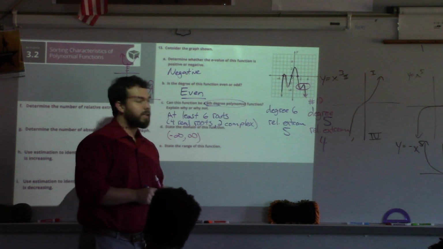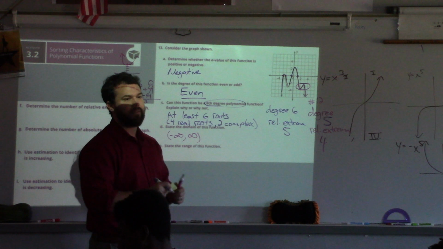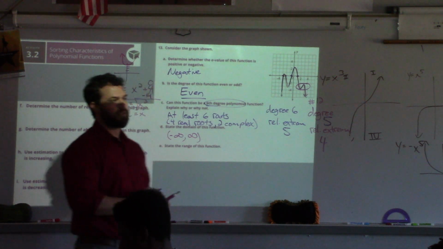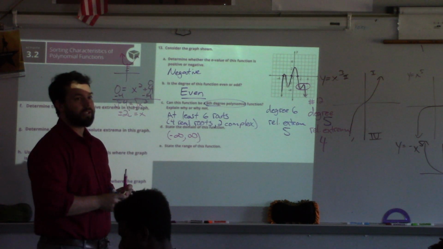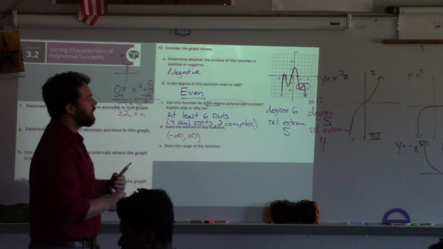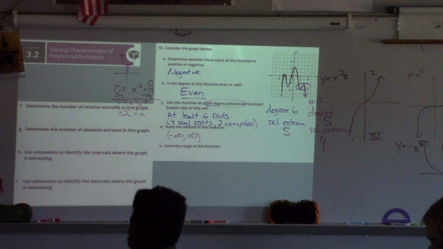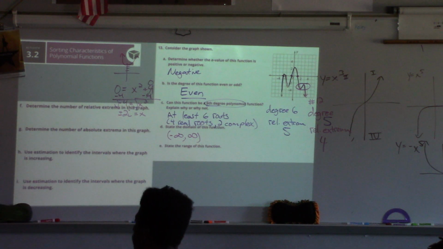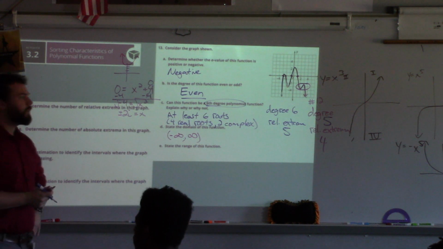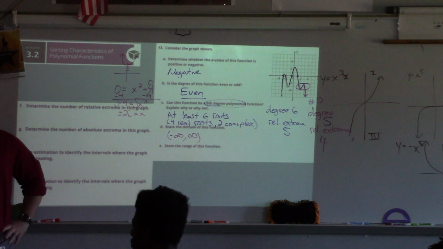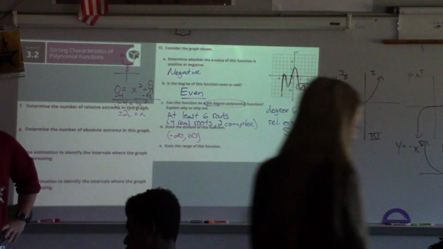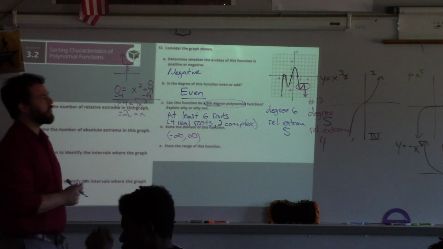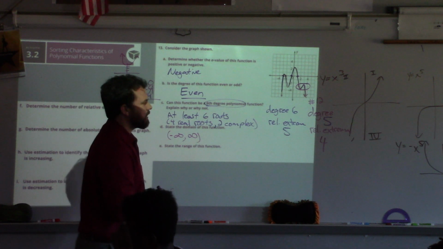Now, it's not guaranteed to be 1 less, but you can have up to 1 less, and that's one of the difficult parts. But the relative extrema, the fact that I have 5, gives me a strong indication that the degree is probably 6. Why is it 1 less? Is that what it always will be? No, it will not always be, it always can be, which is a weird way to put it, and it ties into a concept in calculus known as a derivative that y'all just haven't studied yet.